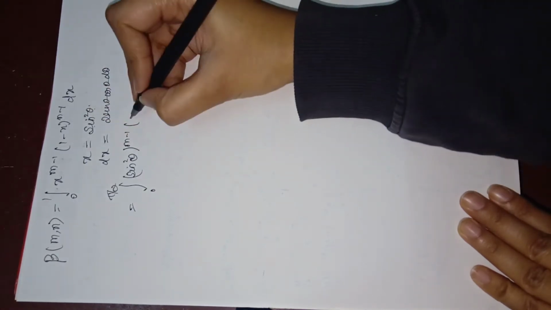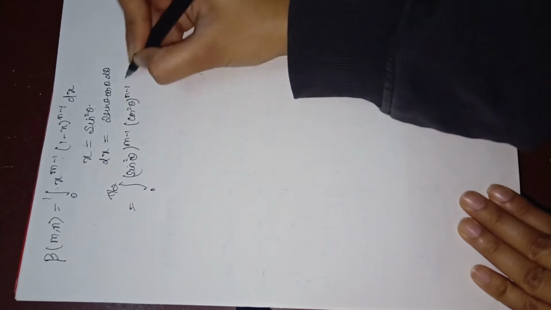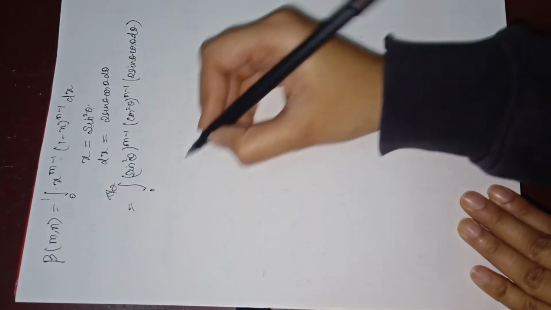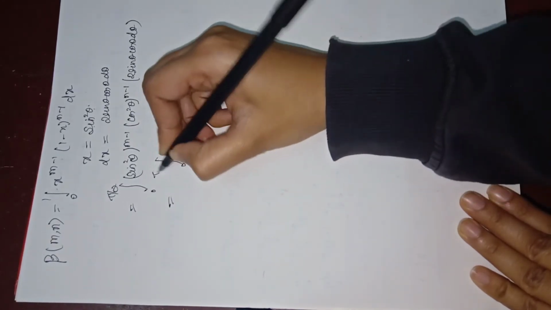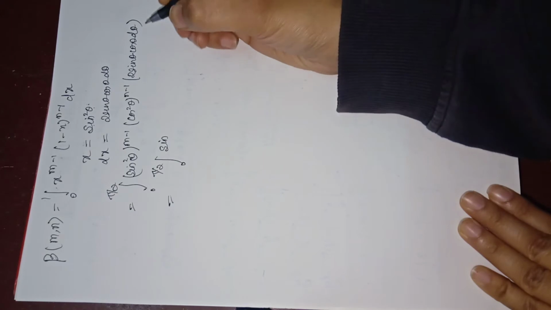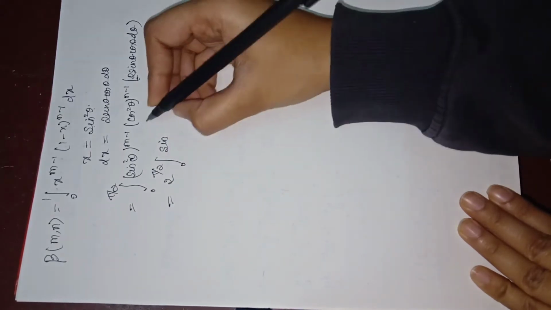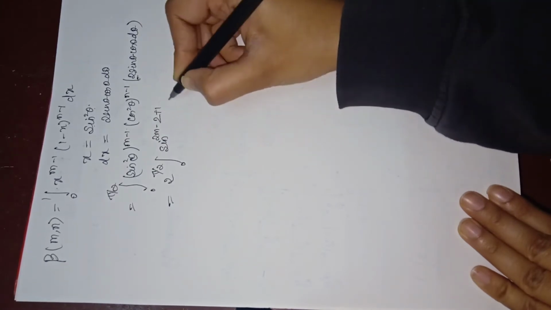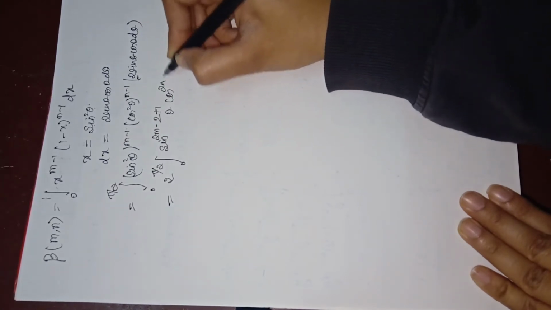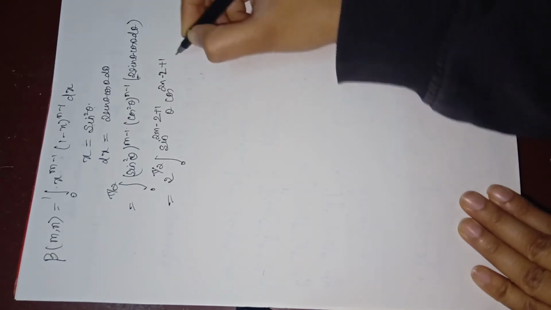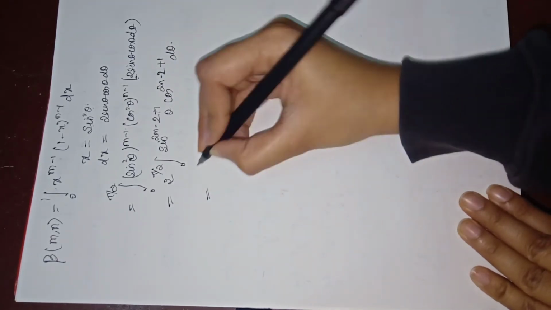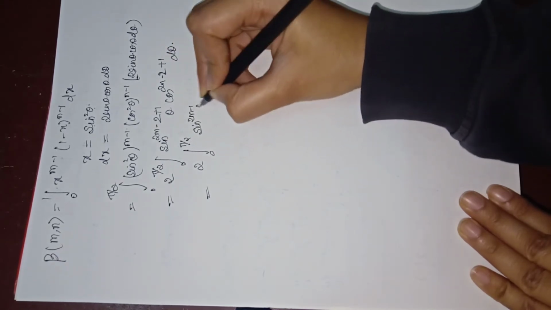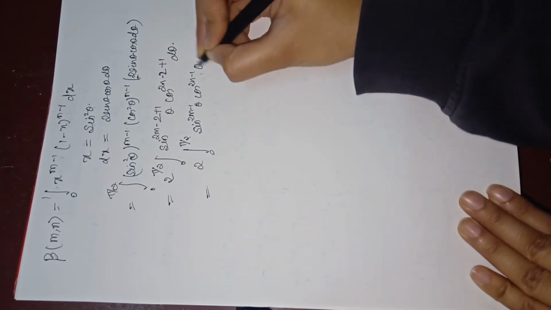What is 1 minus sine square theta? Cos square theta, raised to n minus 1, times 2 sine theta cos theta d theta, right? This can be simplified further to bring sine terms together and cos terms together, and this 2 would come outside. So this is 2m minus 2, and this plus 1. Similarly for cos, 2n minus 2 plus 1, d theta. I've clubbed together all the terms of sine and cos. So this actually becomes sine raised to 2m minus 1 theta cos raised to 2n minus 1 theta d theta.